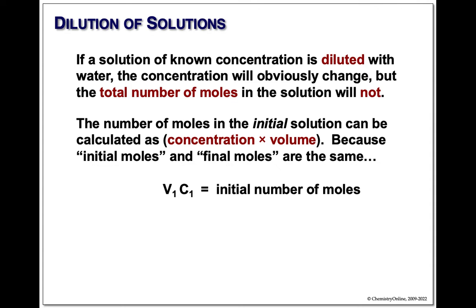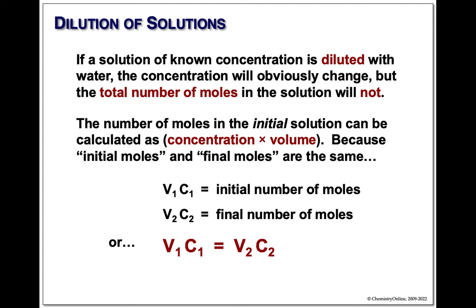Our initial number of moles is given by V1C1. Our final number of moles is given by V2C2. Since the number of moles does not change, these two are equal to each other: V1C1 = V2C2.